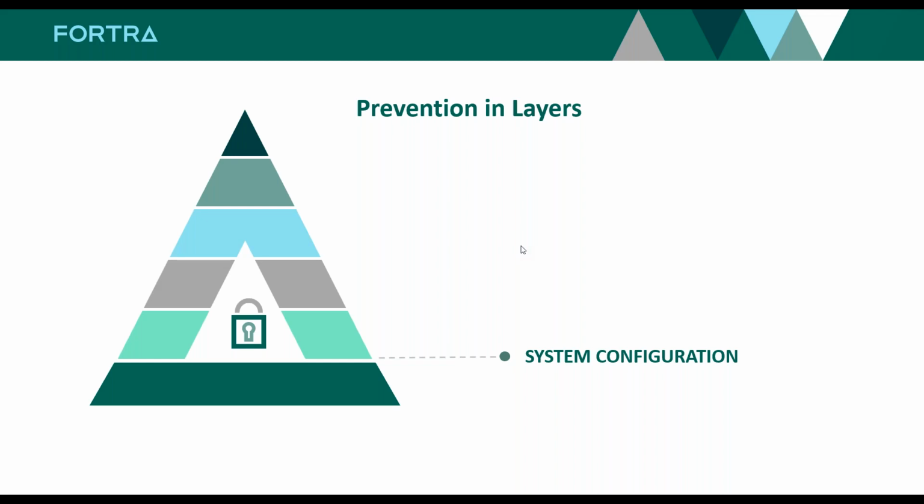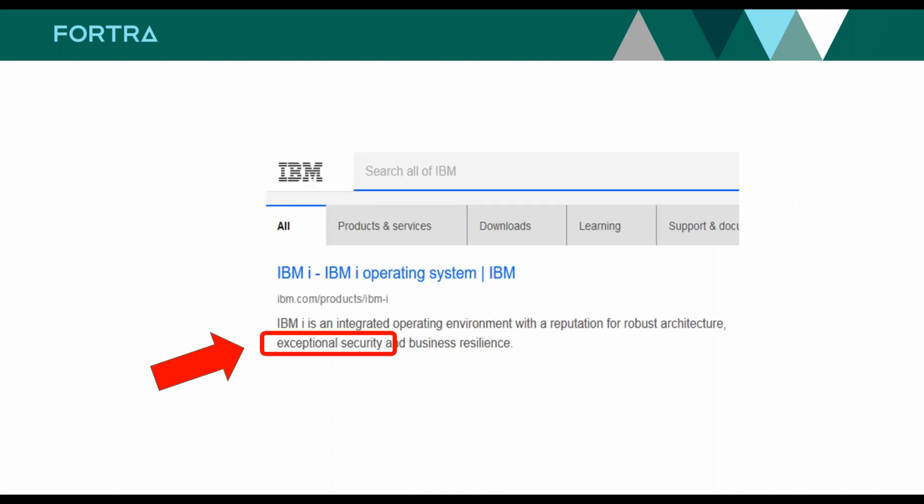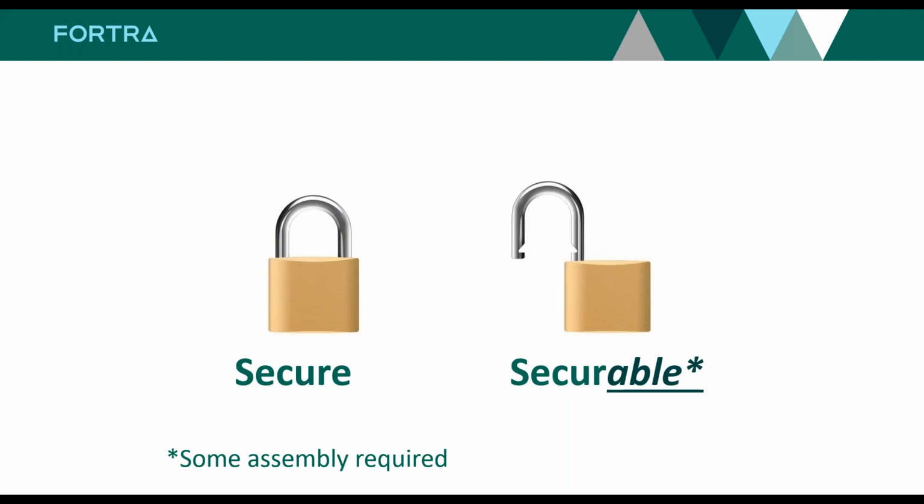The first place where we start is with system configuration. It seems like a no-brainer, but it's amazing. IBM i really has that reputation of being the most secure operating system. One of the reasons it has that reputation is because IBM has actually told us that. They've advertised it as exceptional security, and I don't argue that. They have the ability to be the most secure server.